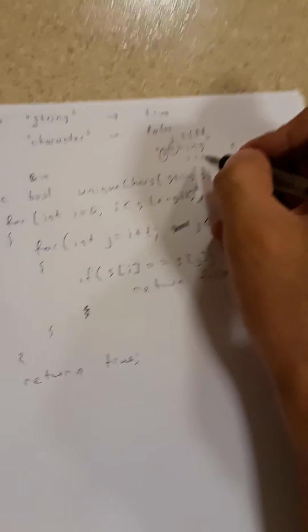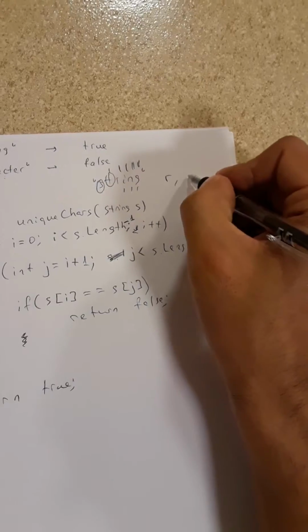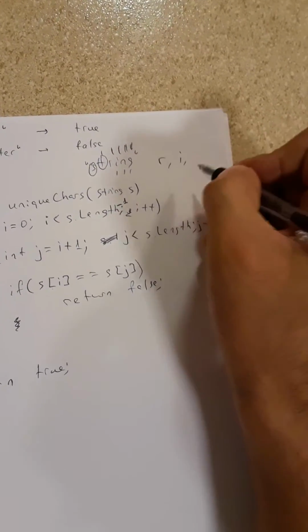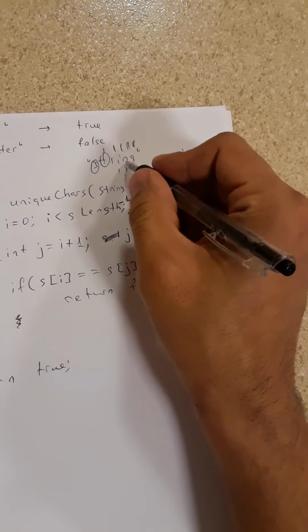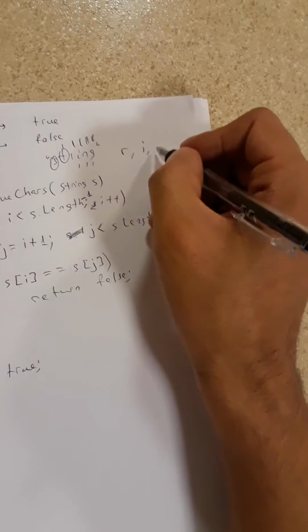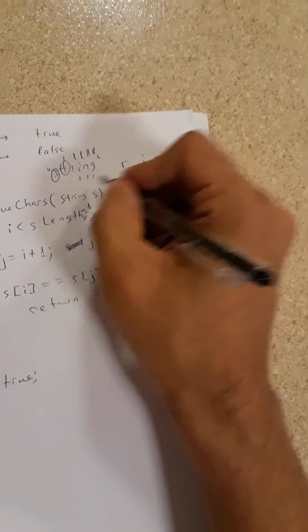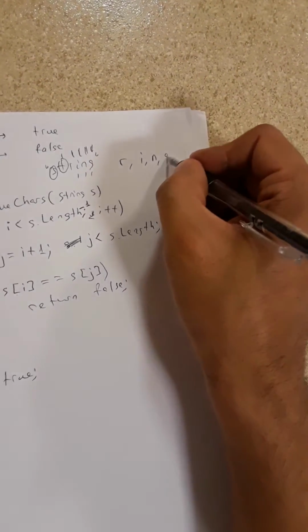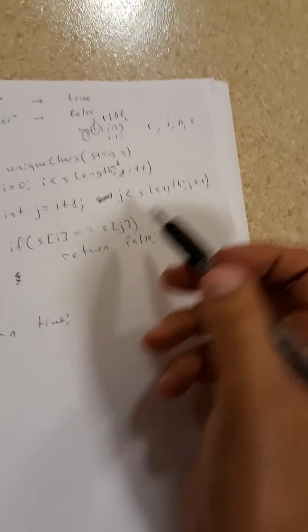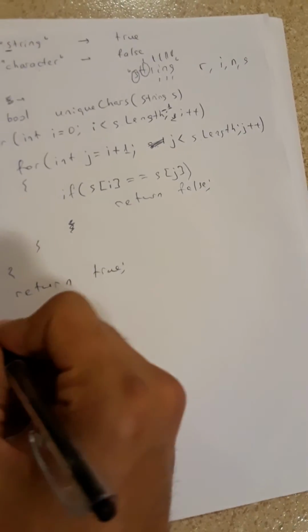Here we also didn't find anything, and then we're taking the letter I, comparing with others. We're not able to find anything equal to Y. N is not equal to G, and D is itself. Since we didn't find any equalities, we're just returning true.